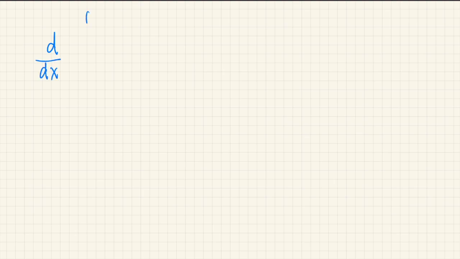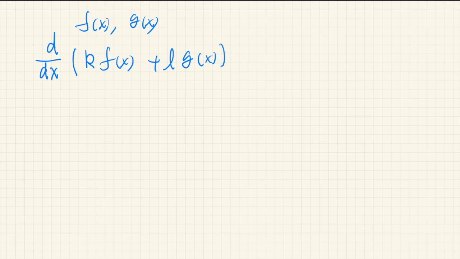If we have two functions, f of x and g of x, which are differentiable on some interval, and we differentiate a linear combination of these functions, where k is a real number, some constant, and L is another constant, so k times f of x plus L times g of x, the result is k times the derivative of f plus L times the derivative of g.